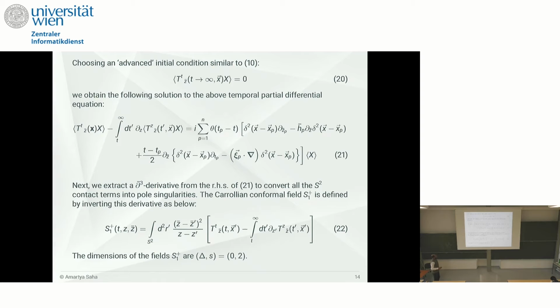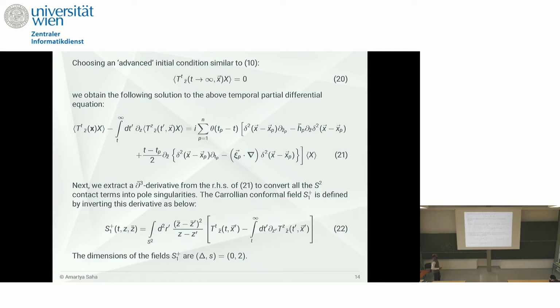Now again I would like to turn these sphere contact terms into power-law singularities while having branch cuts. It turns out that a good way to do this is to extract a del bar cube derivative from the right hand side and invert that to define an operator like equation 22.